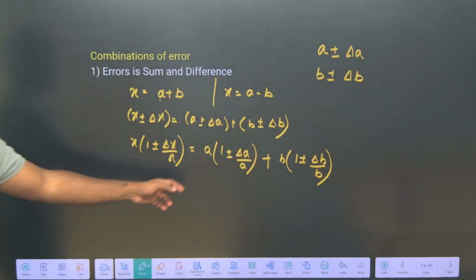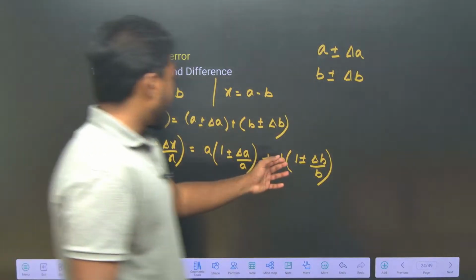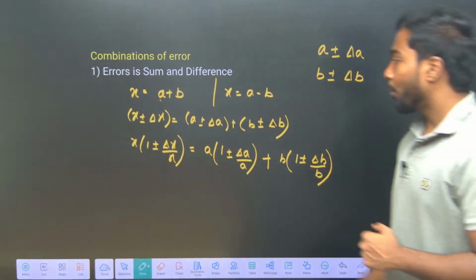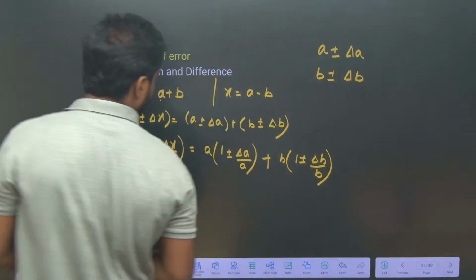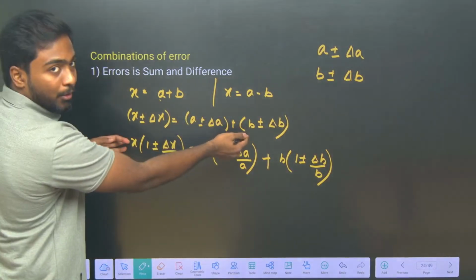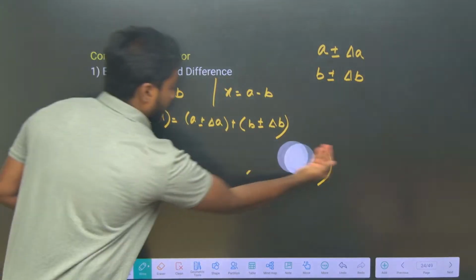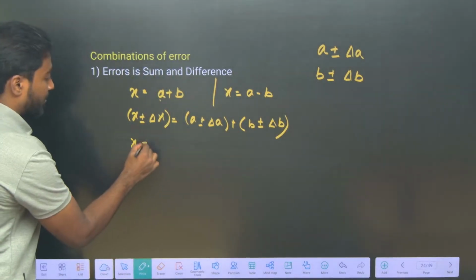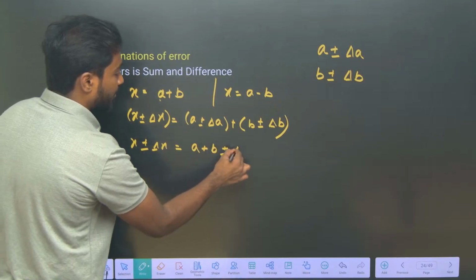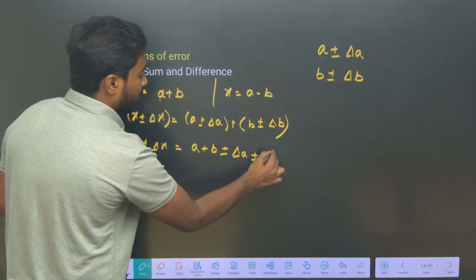I can either use this method, take a and b commonly outside, cancel it out and then get the value, or else I can do it directly. Like I can tell that x will be equals to a plus b. So, x plus or minus delta x will be equals to a plus b plus or minus delta a plus or minus delta b, right?